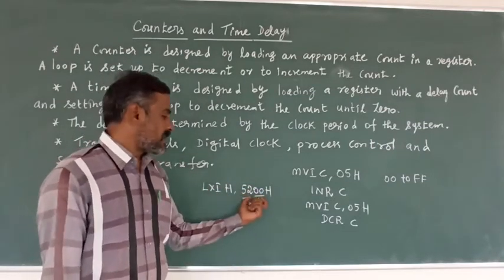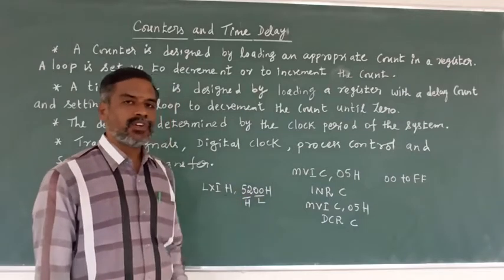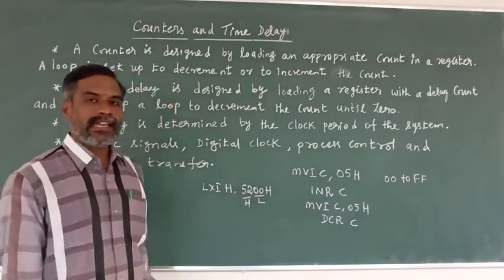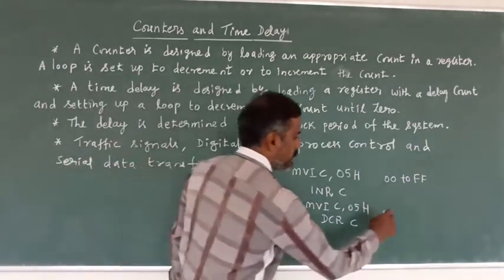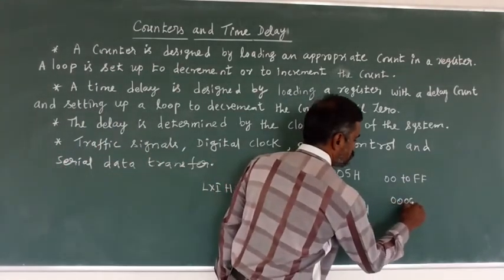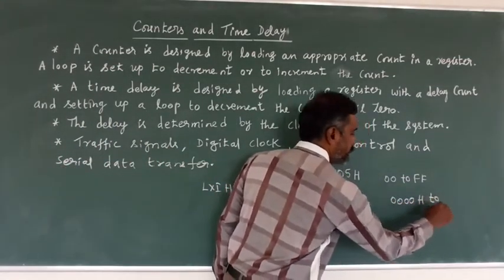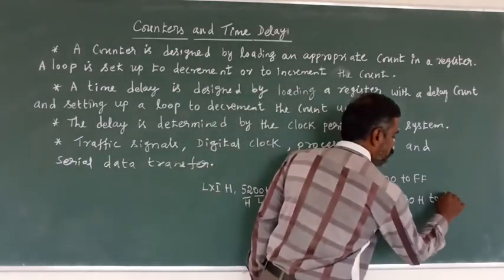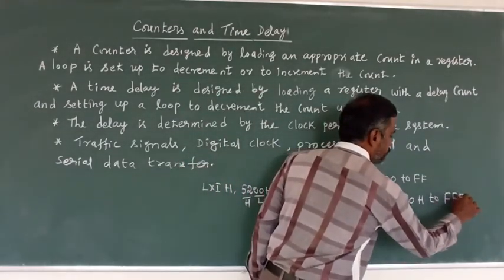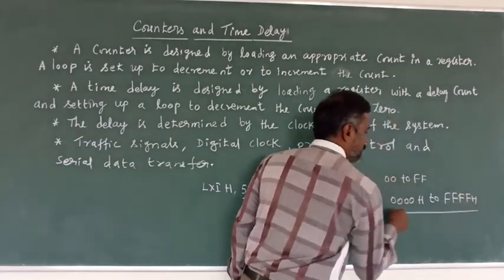What is the maximum value we can load in a register pair? Minimum 0000H to a maximum value of FFFFH.